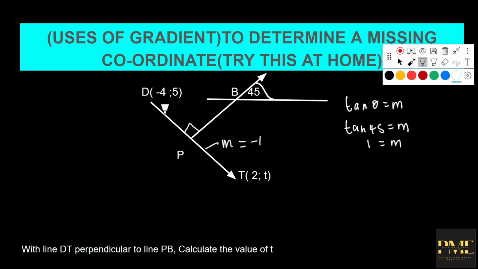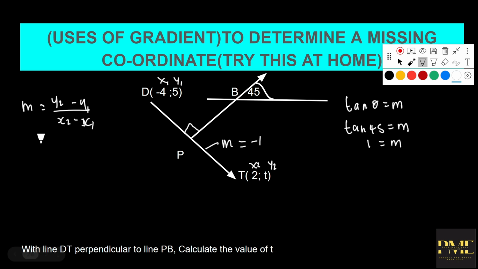Okay, all right, cool. So since we have our gradient of DT and there's only one missing coordinate, we can therefore make use of the skill used in the example we came from to calculate the value of t, okay? Our gradient is equal to y2 minus y1 over x2 minus x1, okay? Right, and before we start, let's just quickly denote, okay? So our x1, y1, and then our x2, y2, all right?